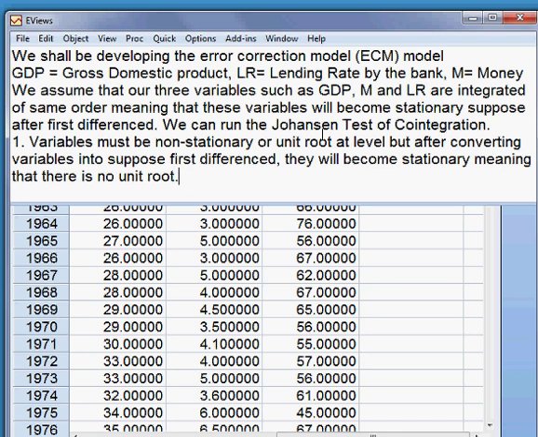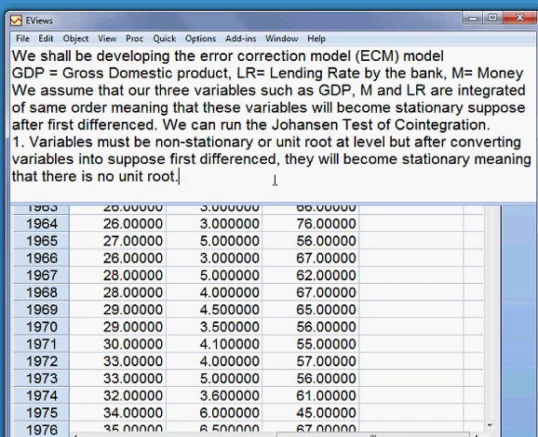So the first condition is that variables must be non-stationary at level, but after first difference they become stationary. Only then can we run the Johansen test of cointegration.